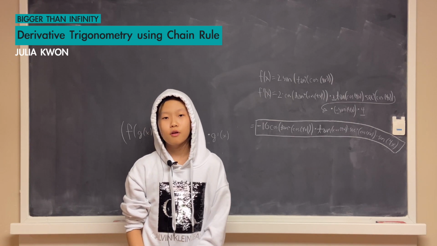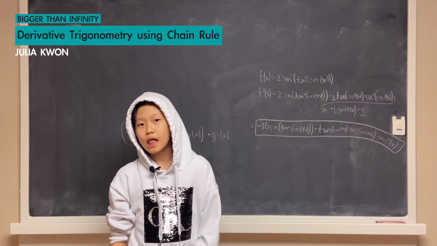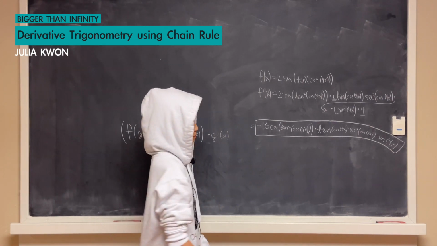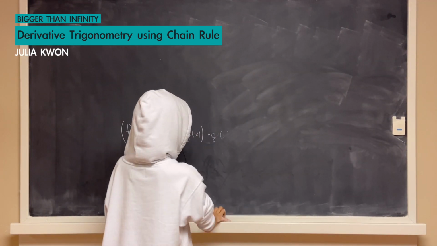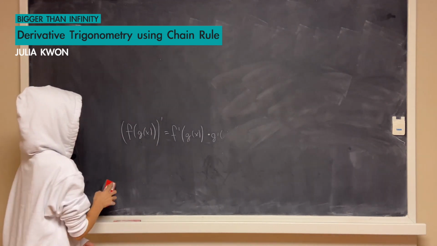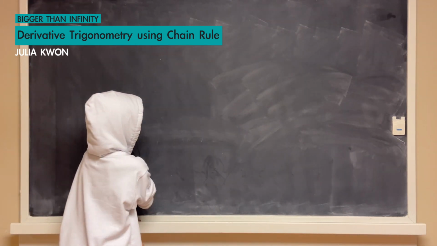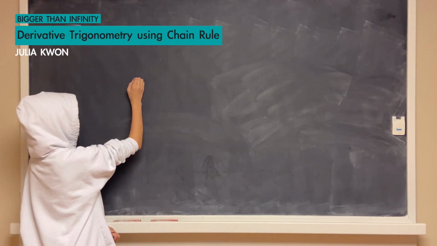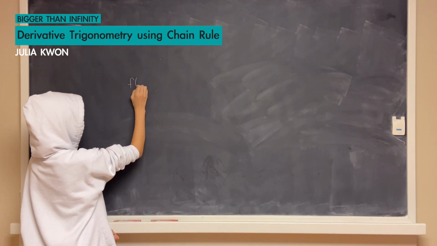And now for our last example, I would like to also use the product rule. So now I'll erase this so we have more space. For this example, of course we're going to have the product rule.